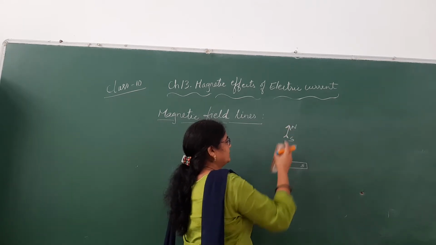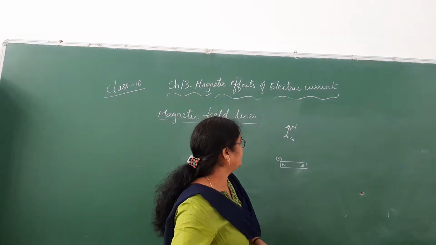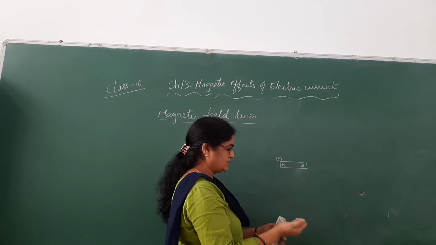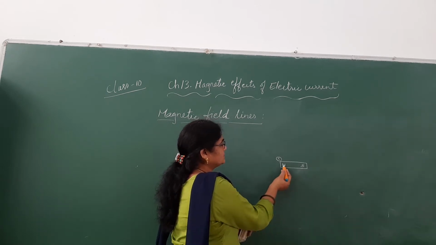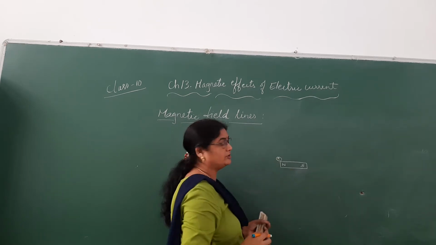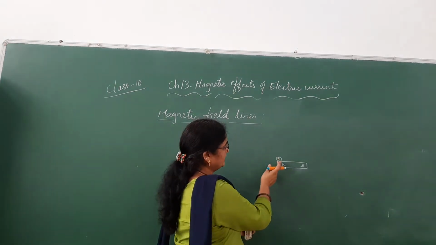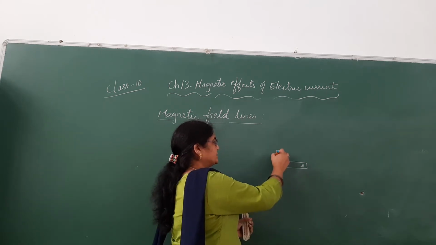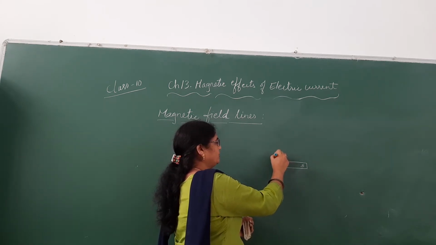Okay. So when you keep this close to this bar magnet, since we are placing it close to the north pole, the north pole of this tiny magnet will be repelled. So it will be away and the south pole is close to this. In which direction this arrowhead is showing, keep one dot there.